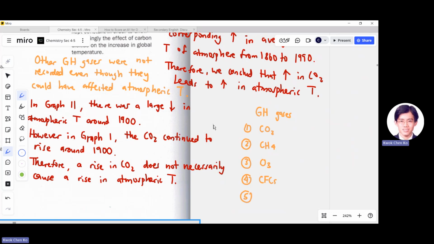This one is a bit obscure, but it did come up once in a while. N2O. Take note, this is not NO. This is not NO2. It's N2O. It's not a typo. Even though it doesn't come up often.